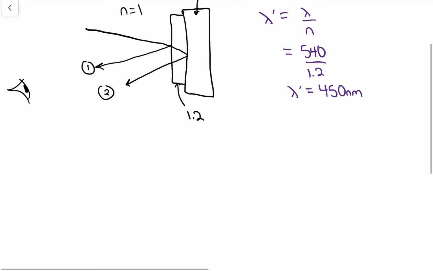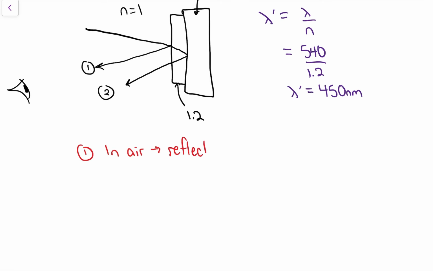The next step in the process is to consider the reflecting. Bundle of light number 1 was in air, reflected off the film, so it reflected off a larger n.